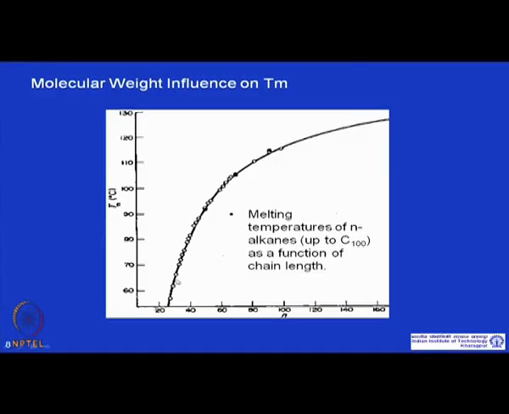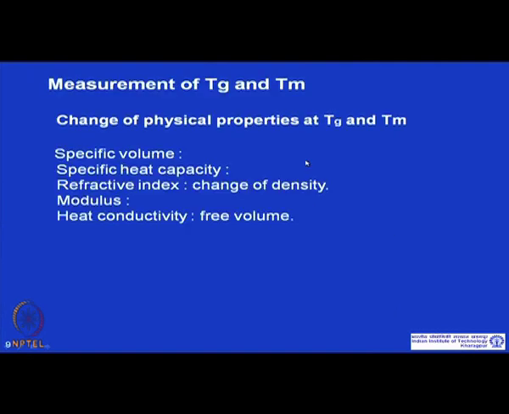This example of normal alkanes shows that with increasing chain length, number of carbon atoms, the Tm value goes up, and eventually it becomes a steady value. So, if you want to compare two polymer chains, it is preferable to compare at high molecular weight, so that the Tm is almost independent of the molecular weight.